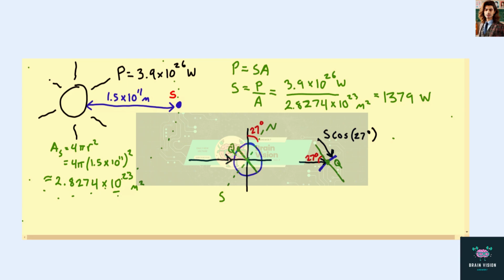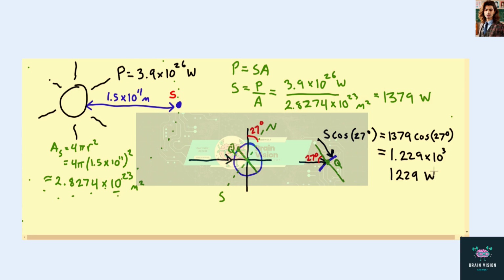So now let's take our value for the intensity, 1379, and multiply by cosine of 27 degrees. That gives us about 1.229 times 10 to the third, or 1,229 watts.